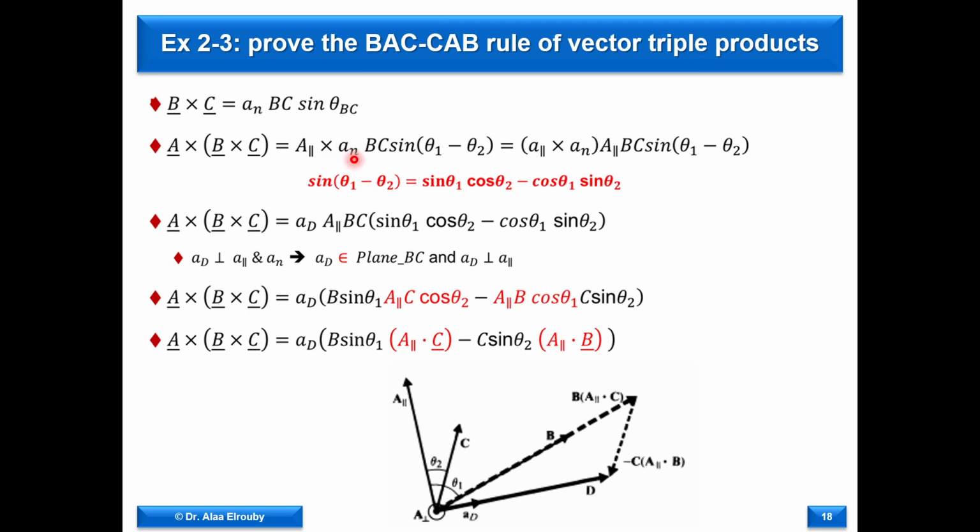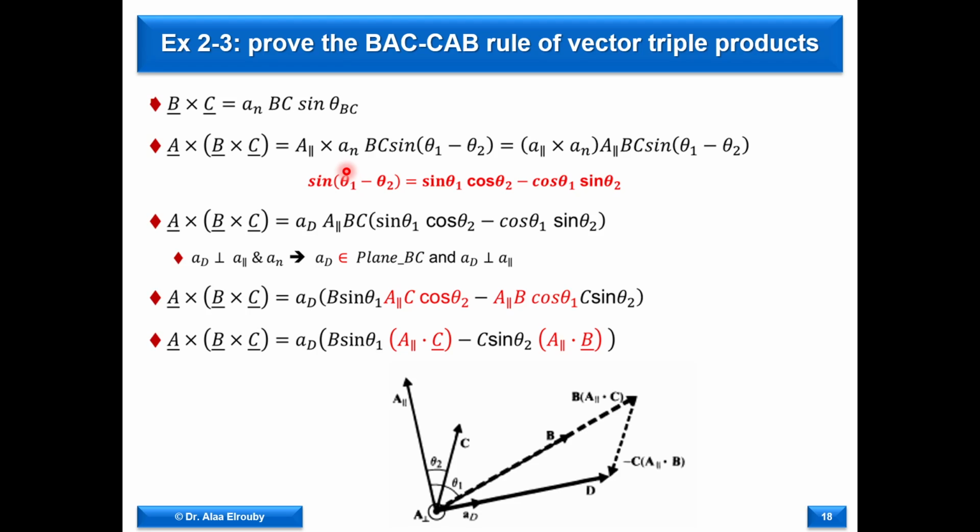So because it is normal to AN, it must be in the plane of BC. So it is on the plane of your disk, and it must be perpendicular to A parallel. So if this is A parallel, the direction of this cross product must be 90 degrees normal to this A parallel, and it would be like this AD.